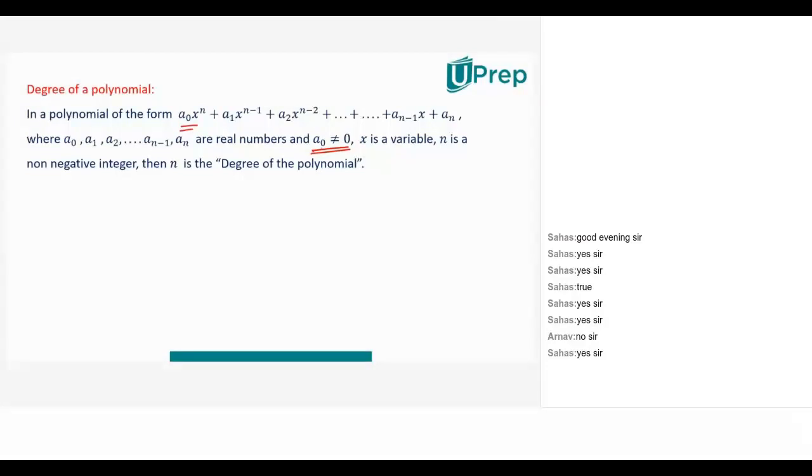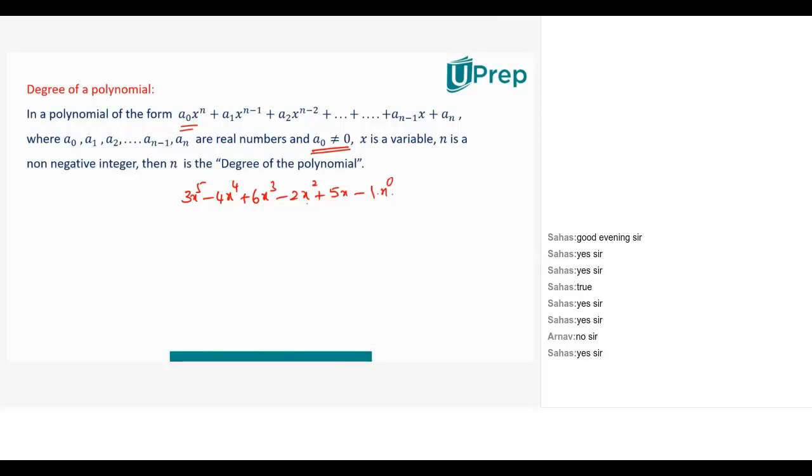Like if I consider the same example, 3x to the power of 5 minus 4x to the power of 4 plus 6x cube minus 2x square plus 5x minus 1. I wrote this expression which is up to 5 degree and all terms are present, no zero term. Power 5, power 4, power 3, power 2, power 1, power 0. 1 is nothing but x power 0.